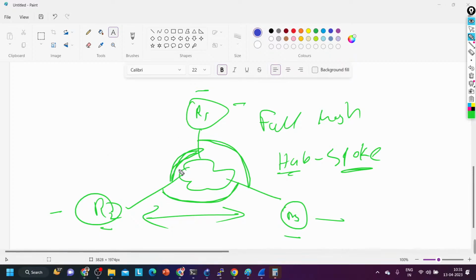So here also you can see each branch is connected with each other. Yes or no? So this is my full mesh topology. But from here, if I remove the connectivity, now my branch offices are connected with the hub only. Yes or no? So this time if this branch wants to communicate with this branch, they have to communicate through the hub. Yes or no?